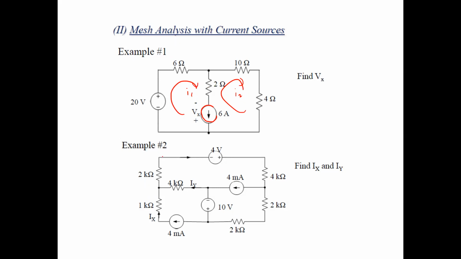And as you can see for example 2 also, we have a current source that is shared between I1 and I3. So in the next video, I will explain to you. What we do is use the approach of super mesh. Okay, so thank you very much.